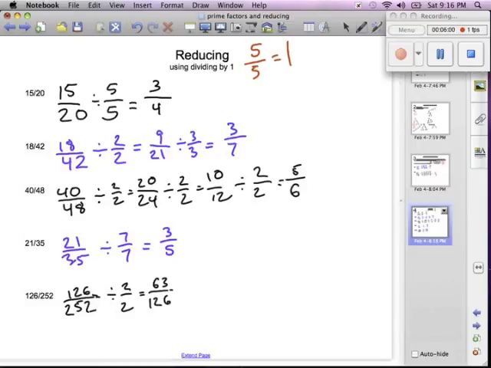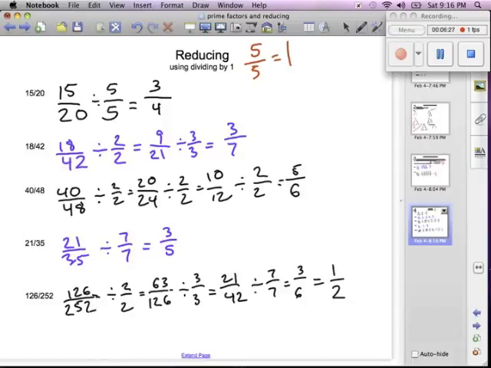Well, now it's obvious to me that they're both divisible by 3, so let's try that next. That's 21 over 42. Now it's obvious to me that they're both divisible by 7, so let's do that next. Oh, and of course, these are both divisible by 3. We're at a half.